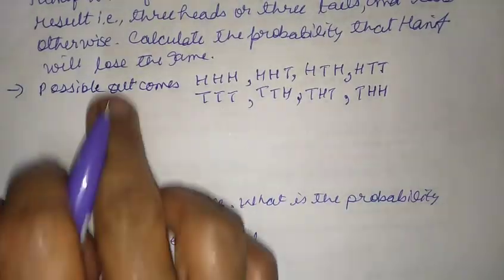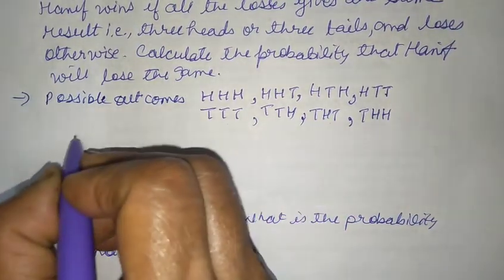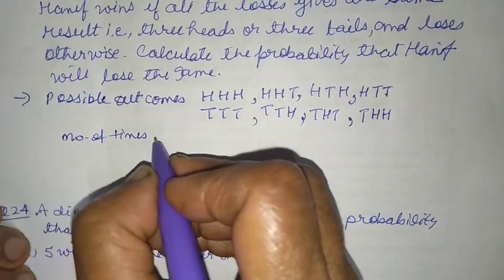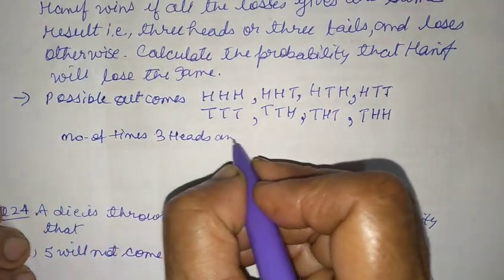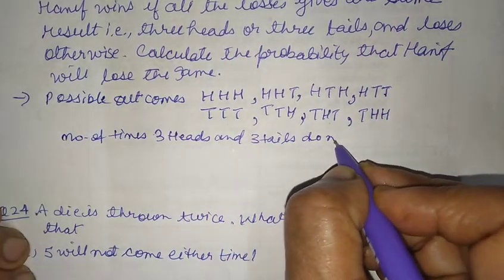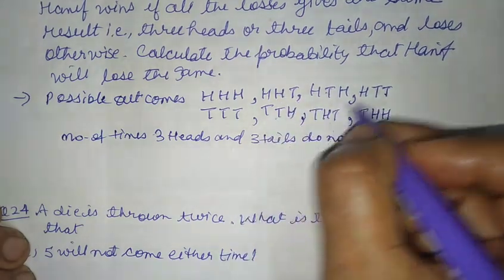So Hanif will lose the game if he does not get 3 heads or 3 tails. So the number of times 3 heads or 3 tails do not occur here is 1, 2, 3, 4, 5, 6.